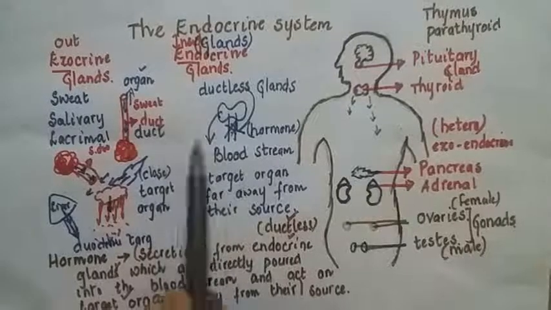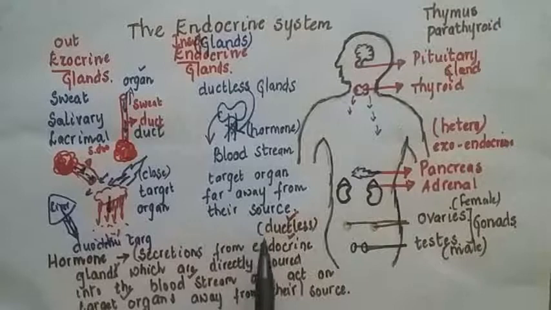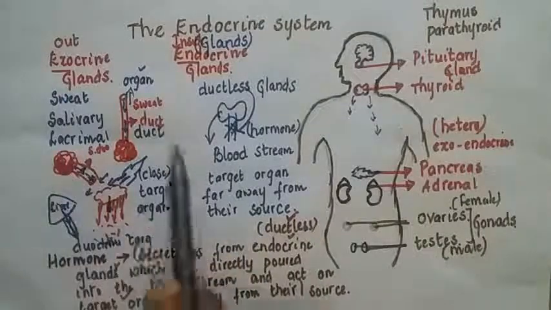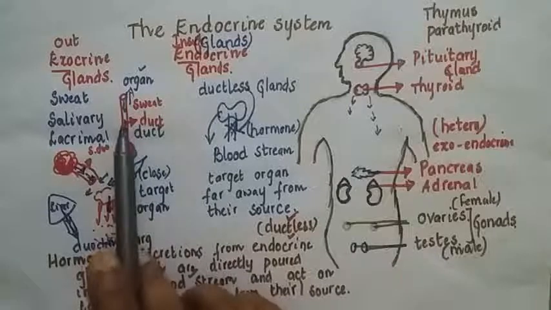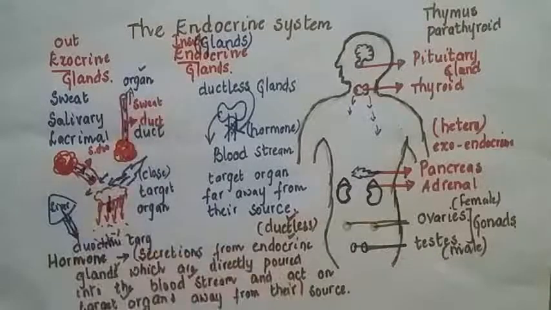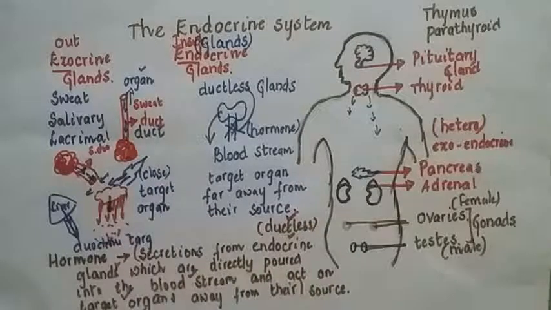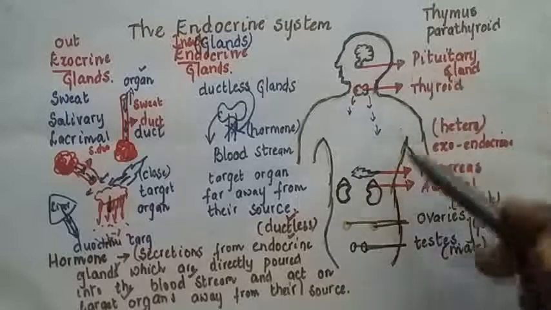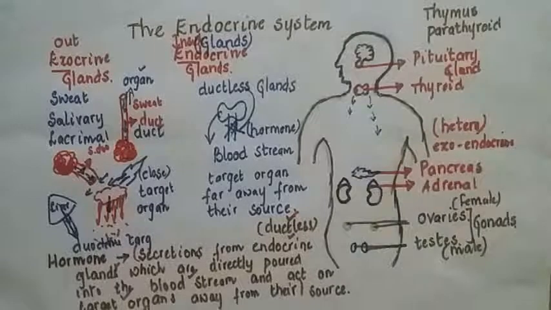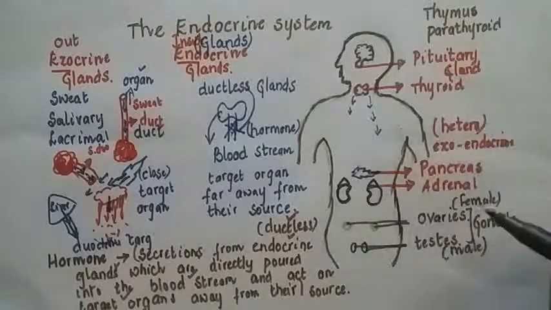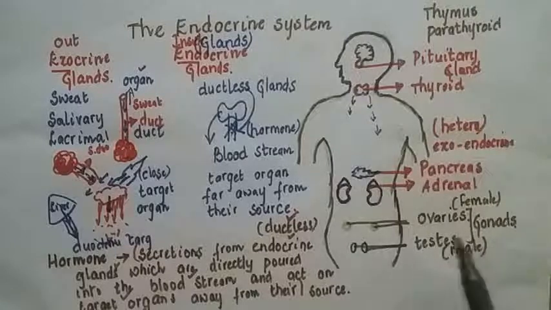They have their target organs away from their source, whereas exocrine glands have a duct to pour their secretion, and they have a target organ very close to their source or location. So these are some of the endocrine glands, such as pituitary, thyroid, pancreas, adrenal, ovaries in females, testes in males.